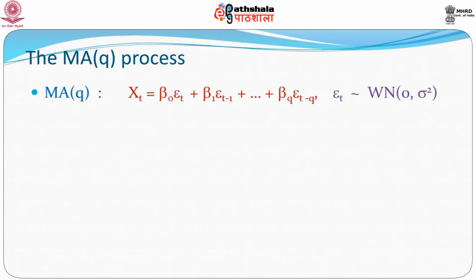The moving average process of order q is given by x t is equal to beta naught epsilon t plus etc. up to beta q epsilon t minus q. Very often beta naught is equal to 1, and of course, we are taking epsilon t to be white noise with 0 mean and variance sigma square.